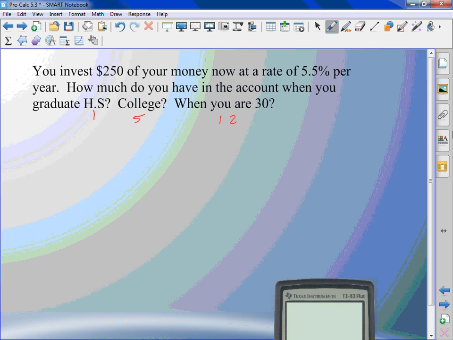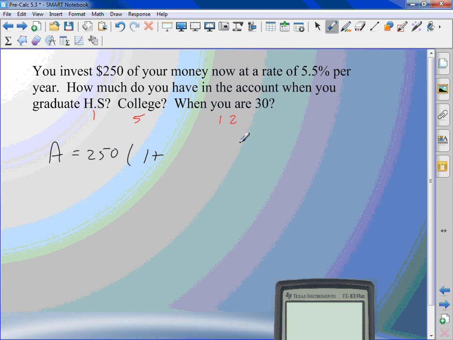The way we set this up, A equals, how much money did I put in the bank? 250. 1 plus, now this is where you have to be careful. What's my interest rate? 5.5%.